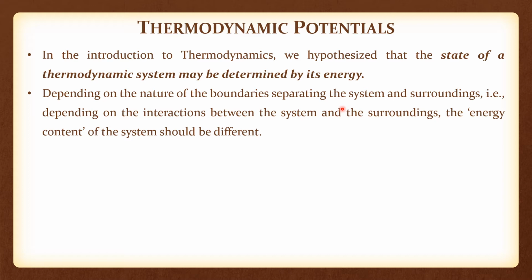That's why when we have an adiabatic boundary, adiabatic process, there is no heat exchange, and therefore there is no change in entropy. So this is the way we define a boundary, define the nature of the interaction, and define an independent variable. And then we say that the energy of the system is a function of that particular independent variable.